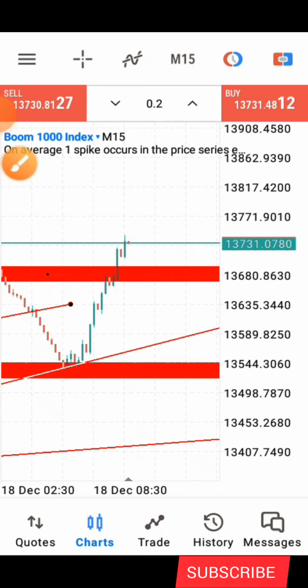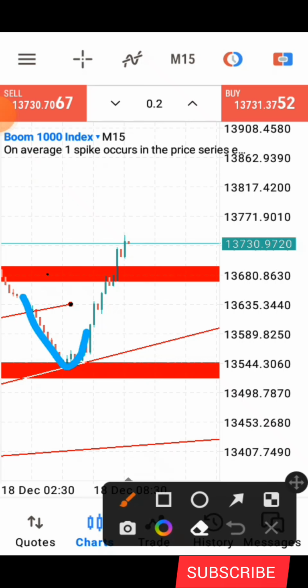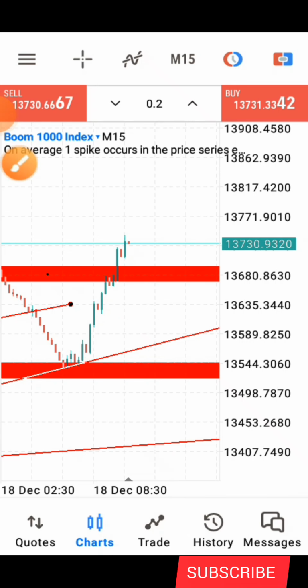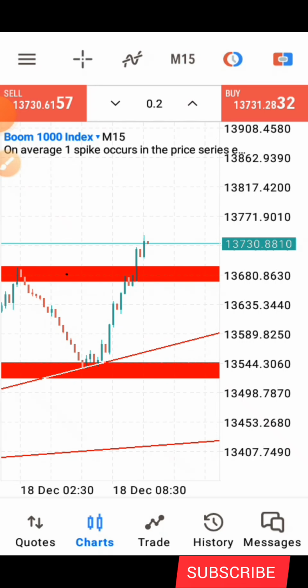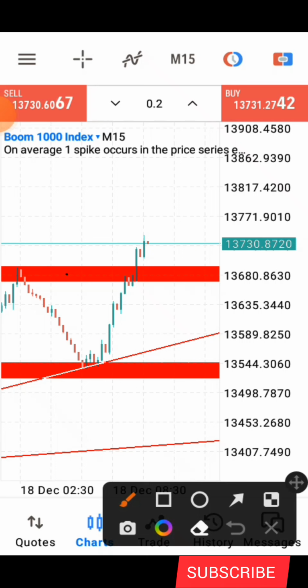So what I'm trying to do now is to make you understand what the market is currently doing. You see that it bounced here and then shot up, broke this resistance here, and now it's currently going up. So there's every possibility that price will come back to this zone, find support here, and continue going up, right?